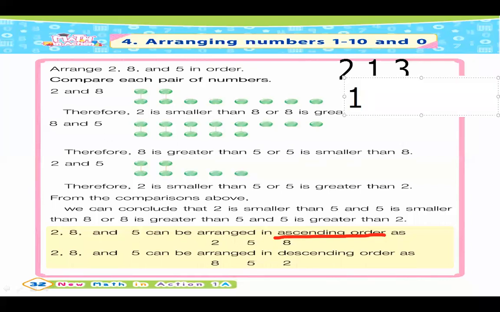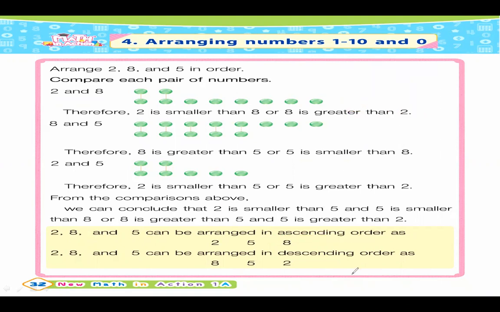Then what is the next number? 2. And then 3. So this is called ascending. We have to arrange it from 1 until 3. 1, 2, and 3.